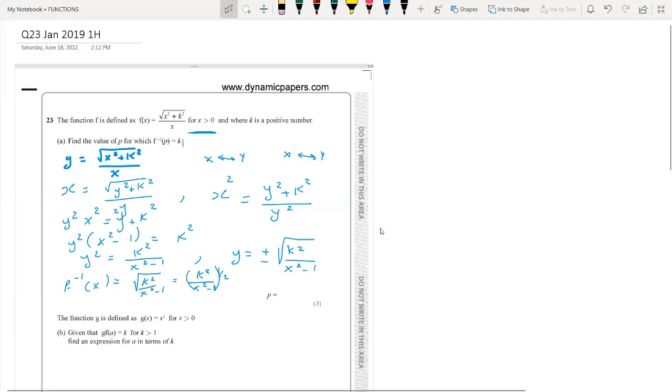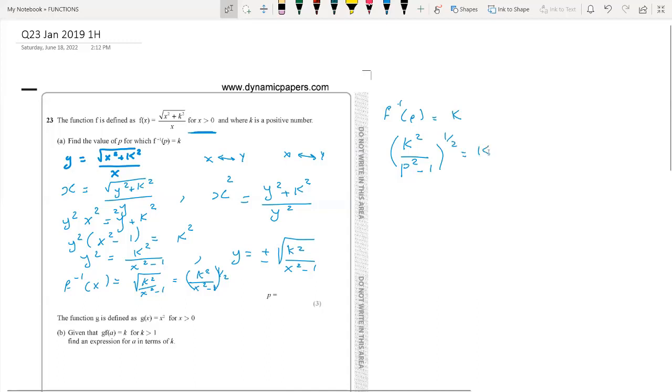Now we continue. What does he want? He wants f minus 1 of p equal to k. So f minus 1 of p means that we have to replace every x in the inverse function, which is k squared over x squared minus 1, with p, and all of this is to the power half, equal to k.